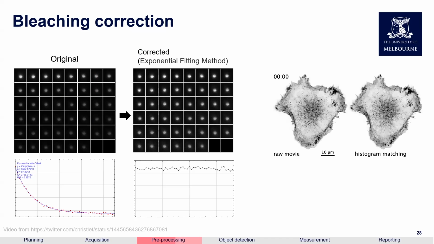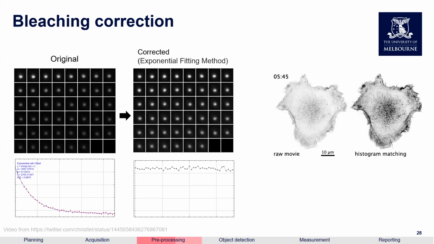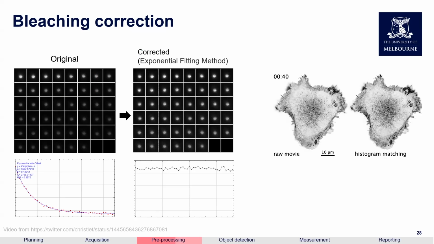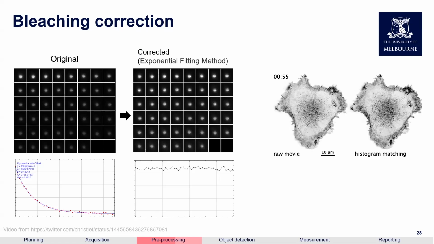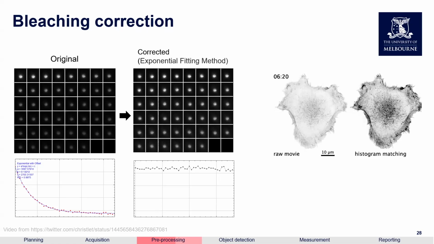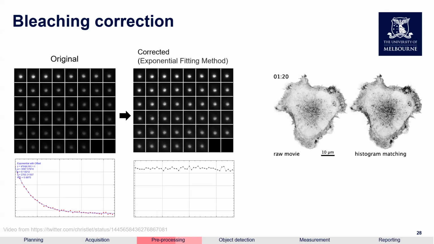But sometimes, if the decay is not exponential, we can also try a different method called histogram matching, as you can see in this example.